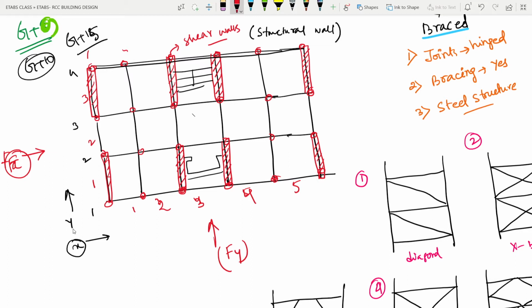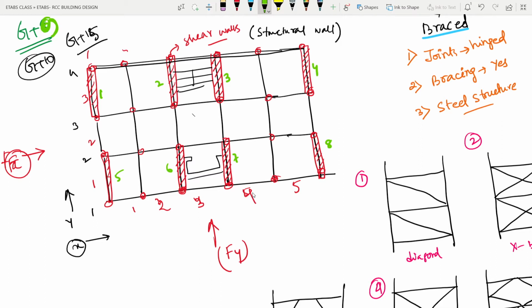Now what you will see is that the total lateral force coming from the y direction is completely resisted by these shear walls. Let me just name them: 1, 2, 3, 4, 5, 6, 7 and 8 shear walls we have along the y direction.